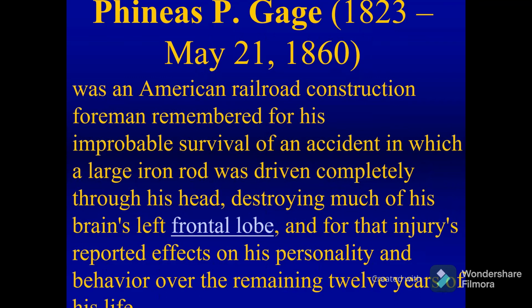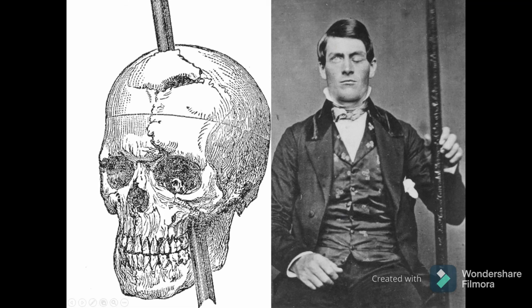He showed a change in personality in the remaining 12 years of his life. Here is the Phineas case, and here we find the iron rod inserted into the left frontal lobe, and because of this we find a change in his personality.